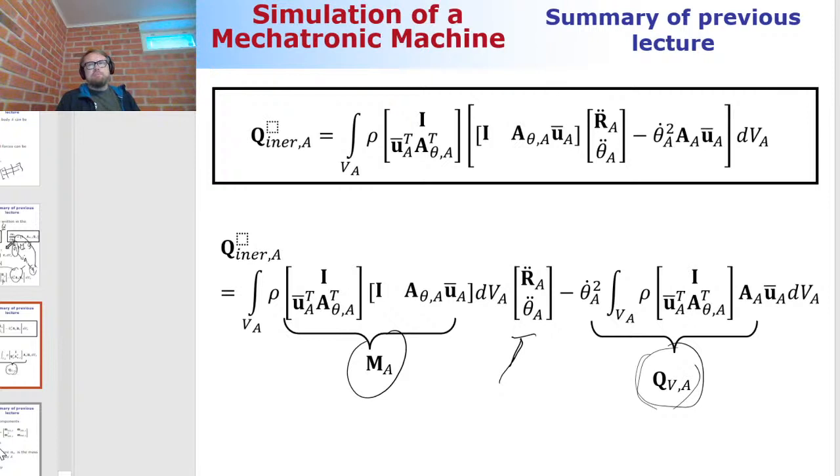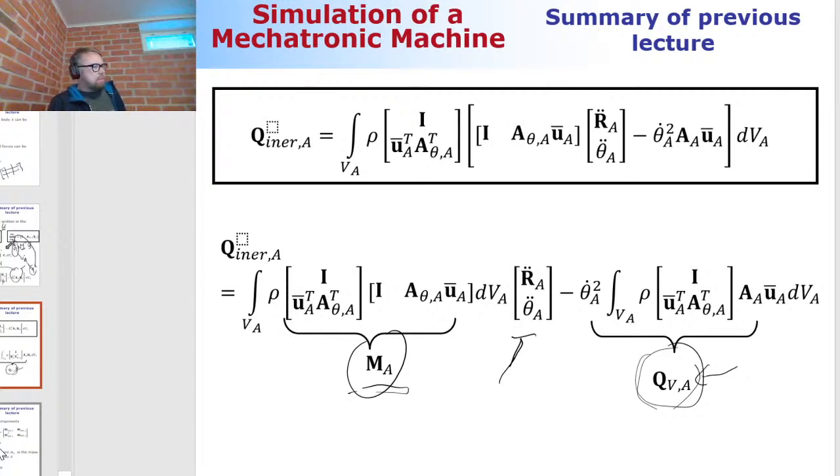In most cases, particularly in the planar cases, this quadratic velocity vector is equal to zero. And it's equal to zero if the mass matrix has a diagonal form. And remember, last week we learned that the mass matrix has the diagonal form if the body reference coordinate system is located in the center of the mass.